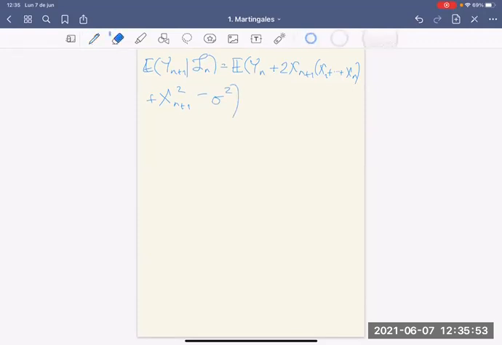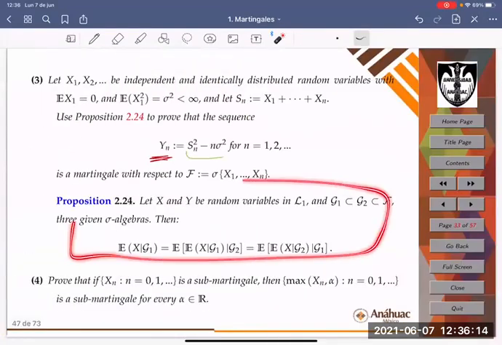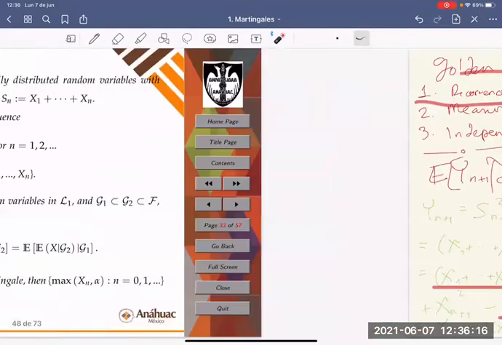Oh no, oops, sorry, given that I have all this story up to this time. And then I just need to observe the fact that this random variable is independent of all this story.